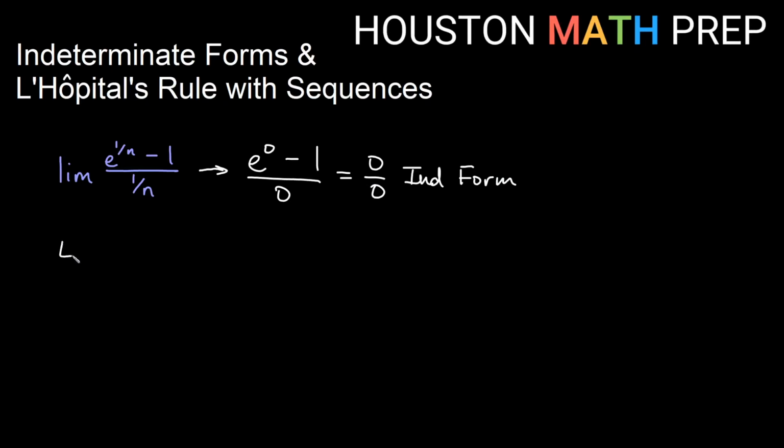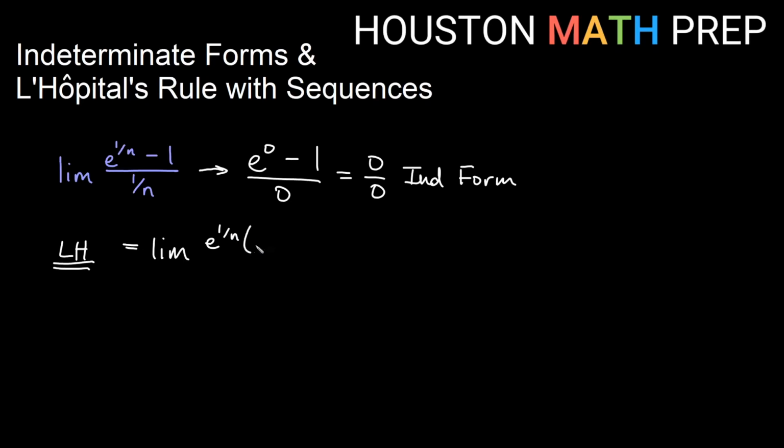So I'll go ahead and just write LH so that you know that I'm applying L'Hopital's rule. So that will be equal to the limit of, we'll need to take the derivative of the top and the bottom separately. So the derivative of the top, e to the 1 over n, assuming this was just a function of n, then I would get itself, so e to the 1 over n, and then times the derivative of the inside from the chain rule.